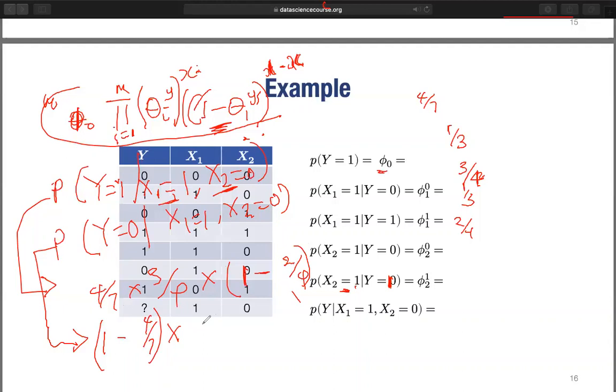Times what? I don't want to say times what? 0 given x is equal to 1. So what's the probability of y equals 0 given x is equal to 1?